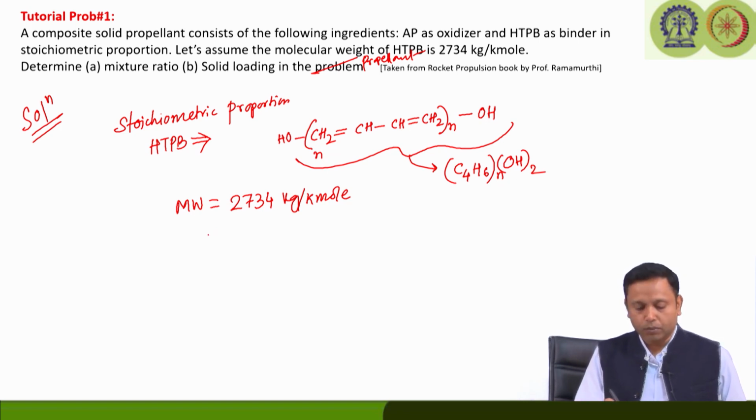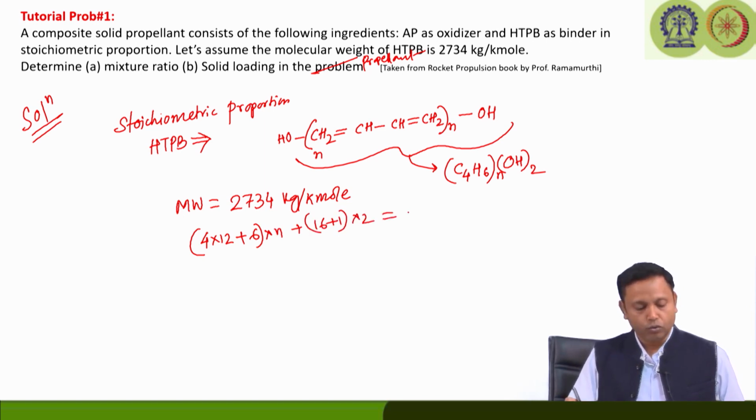We can write 4 carbon, so it is 4 into 12 plus 6 into 1, that is 6, times n, plus 16 plus 1 into 2, that is going to be equal to 2734.